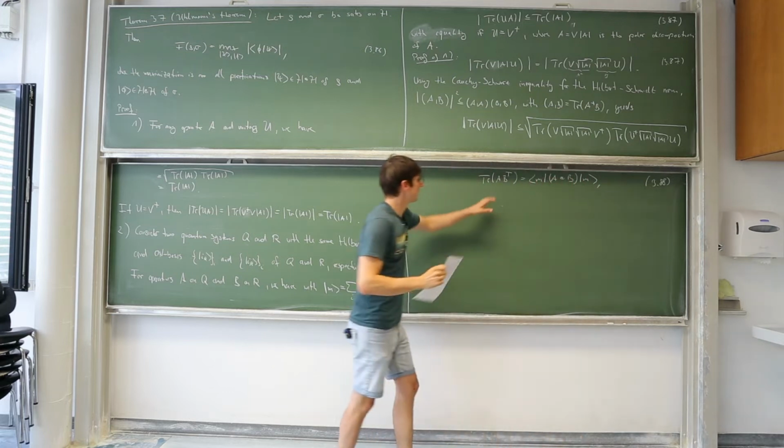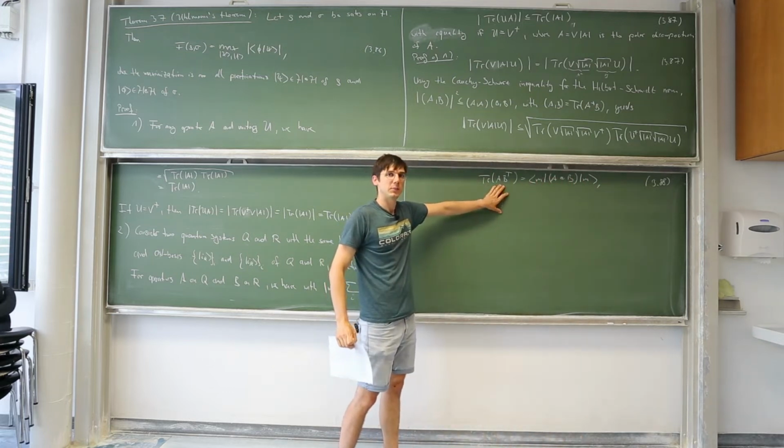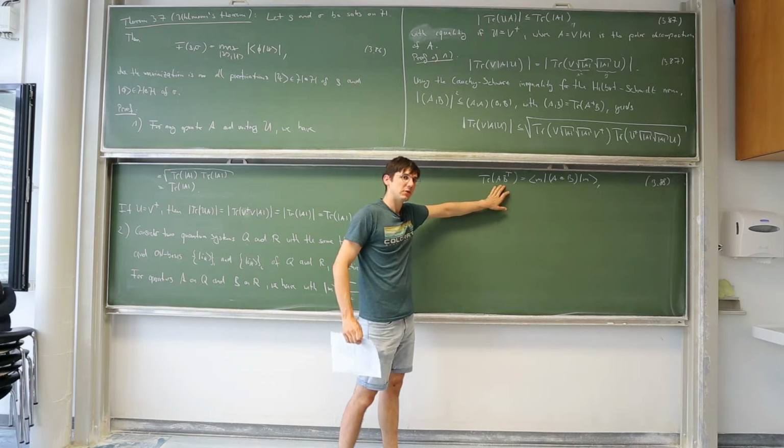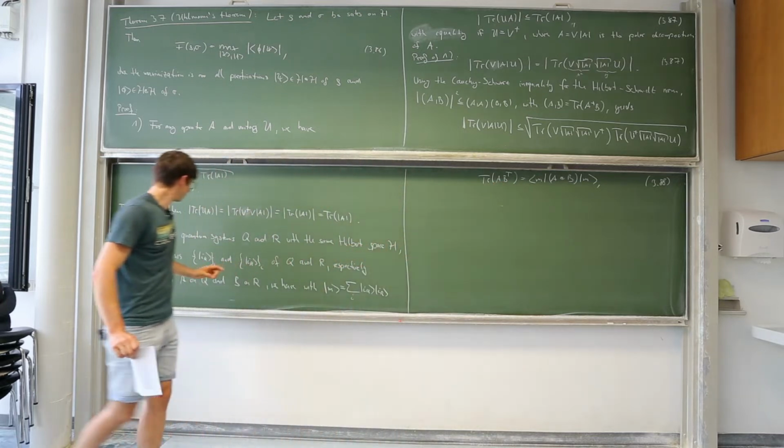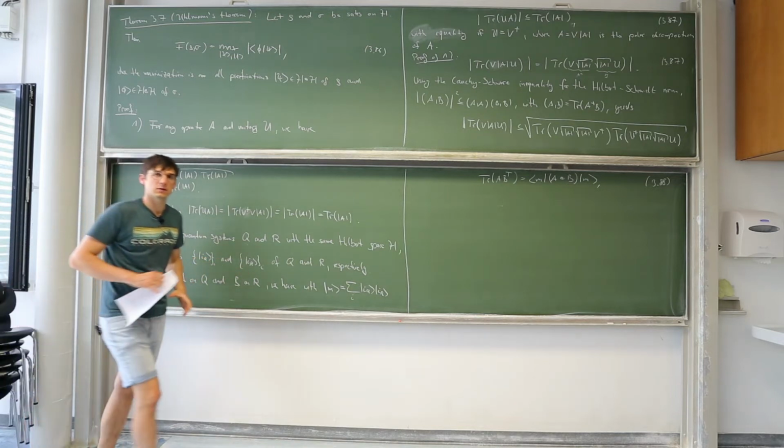So in here, this is a matrix multiplication. It's the matrix multiplication of the matrix representations of operators A and B in the basis I, which we stated here, right?